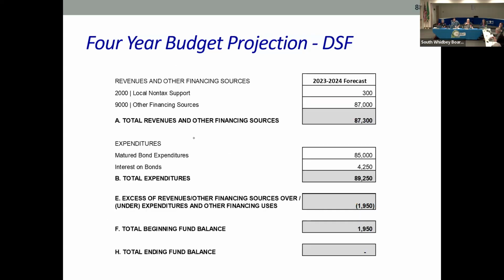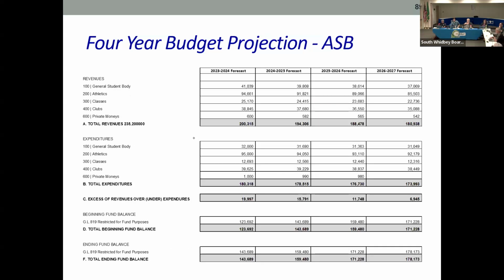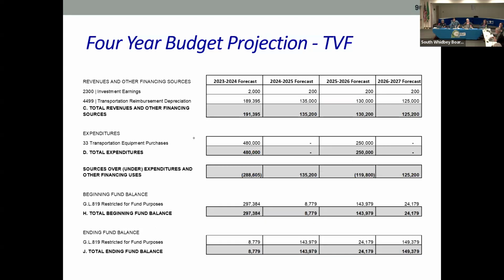Debt service, nothing goes beyond this year, so it'll be gone unless there is a bond that would change this projection. ASB, just pretty much maintaining over time, the same type of thing. And then the transportation vehicle fund, looking at the revenue we expect and when we could afford to buy, probably every other year we could afford to buy another bus or something like that, unless we get another grant or something in the meantime.